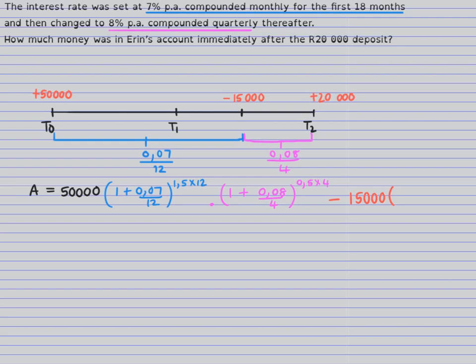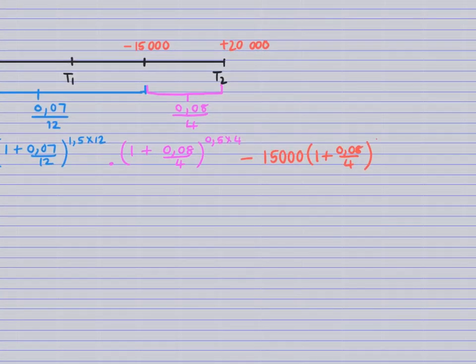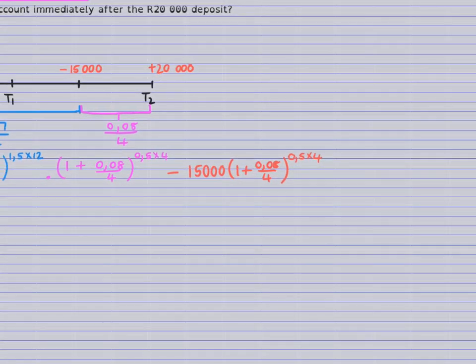But because it was a withdrawal, we must subtract it from the 50,000 Rand, which has grown over time. So we go, all right, 15,000. The interest rate was 8% compounded quarterly, and that interest happened over exactly the same period as earlier, the 0.5, half a year compounded quarterly.